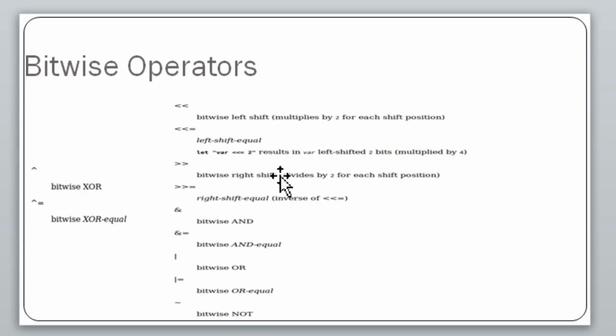Bitwise right shift, which divides by 2 for each shift position, and so on. So these are all things you can add into your scripts to compare two values. But again, these aren't used a whole lot, and we'll get into them later on, the ones that you actually use more frequently.